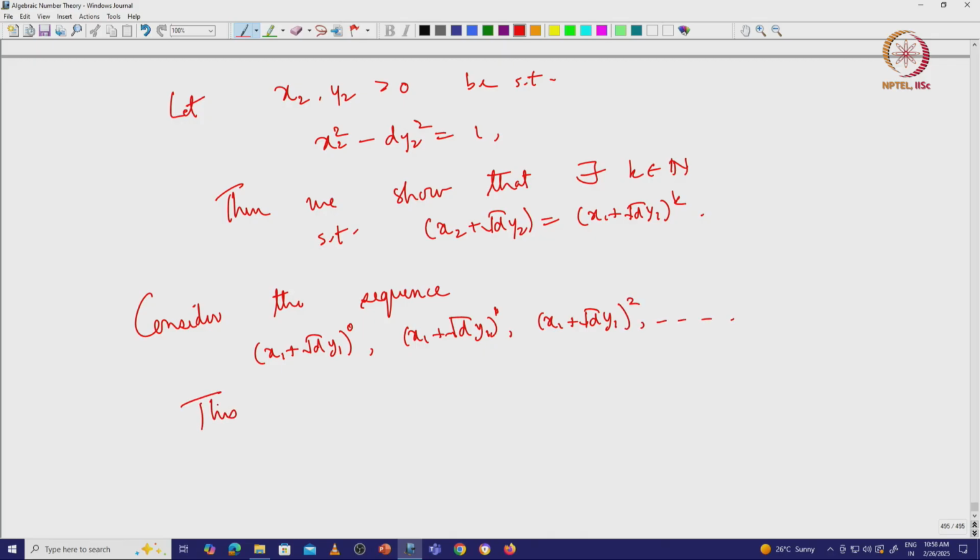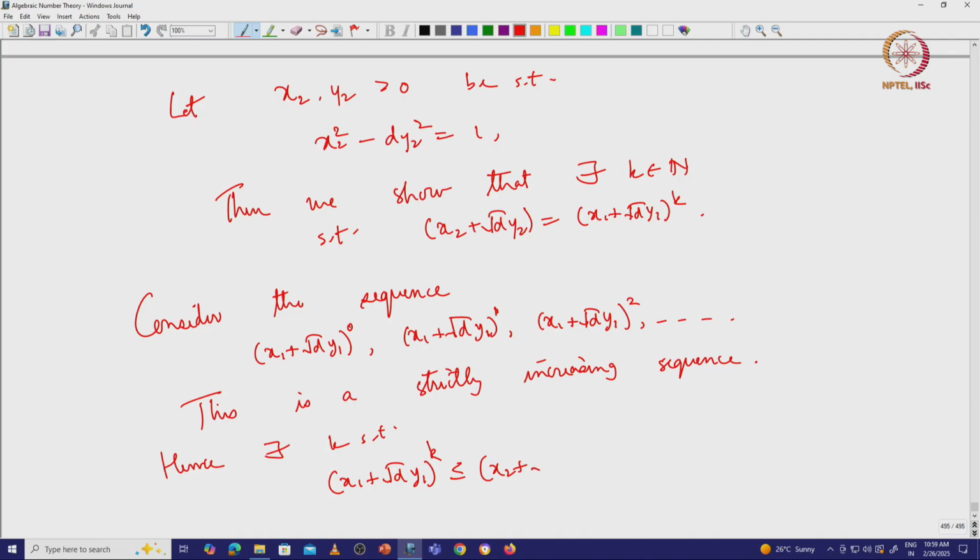This is a strictly increasing sequence, right, which means there exists k such that (x1 plus square root of d y1) to the k is less than or equal to x2 plus square root of d y2, which is strictly less than (x1 plus square root of d y1) to the k plus 1, right. It should sit between these two quantities.